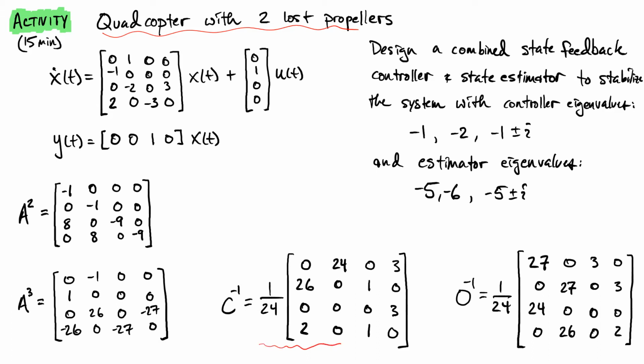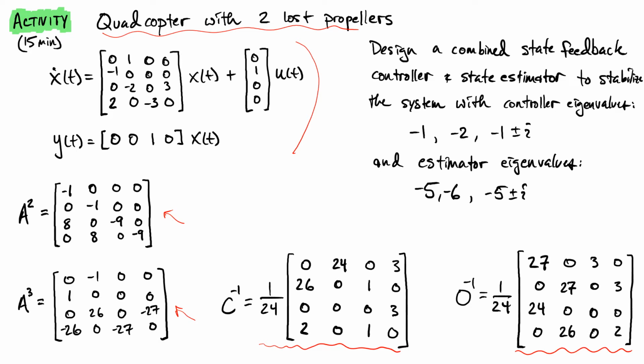I'm giving you these matrices, the inverses that you'll need to use in order to create your change of variables to get this system into controllable canonical form and observer canonical form. I'm also giving you, as a convenience, some of the powers of A, because these are 4x4 matrices, so you can do that computation a little bit easier as well.